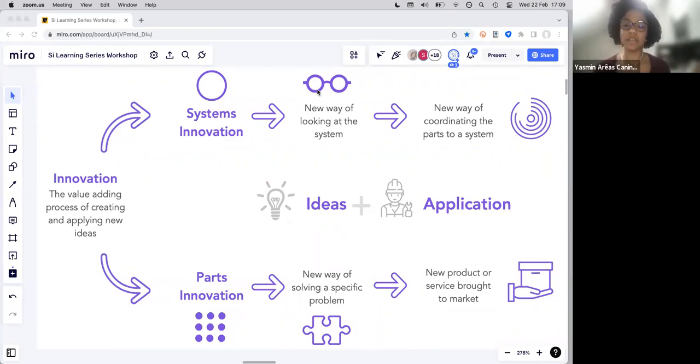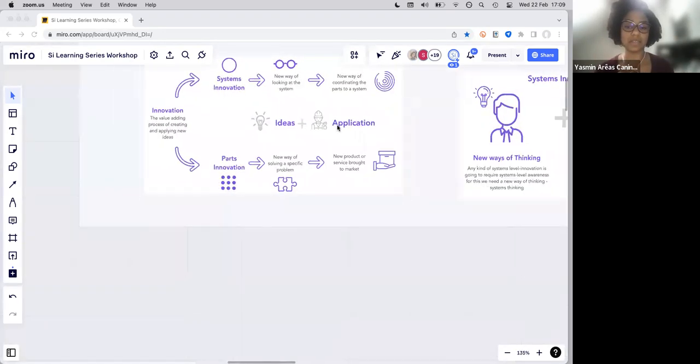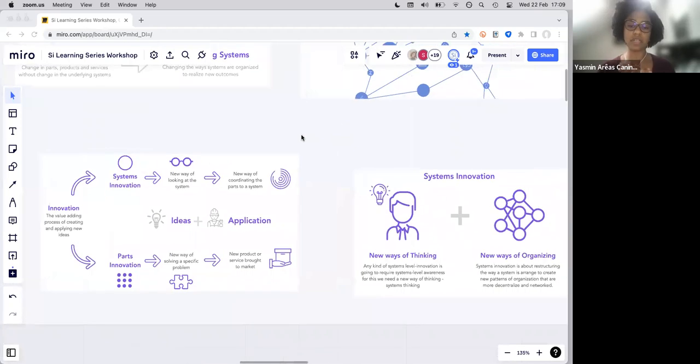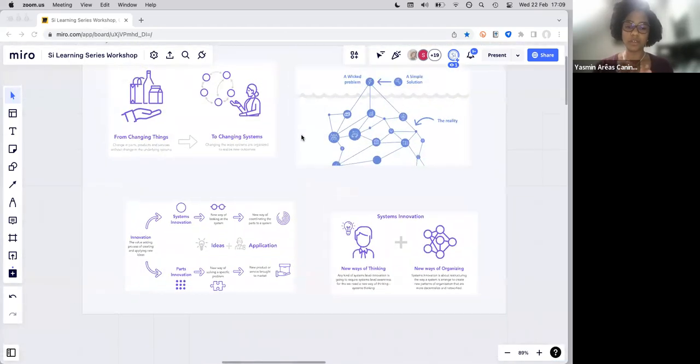But systems innovation is more than that. It's a new way of looking at the system that brings about not just ideas but also methods and tools that help us coordinate the parts of the system and reorganize the elements inside them. So essentially, we are going to see the system in new ways, but also organize it in new ways as well.